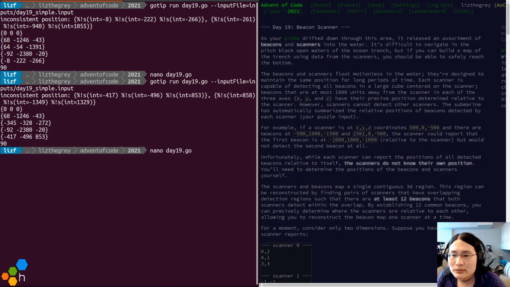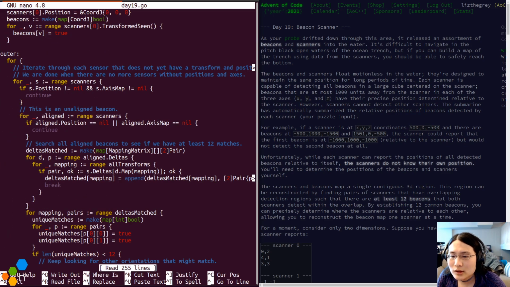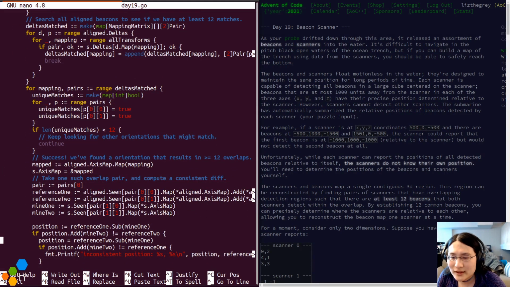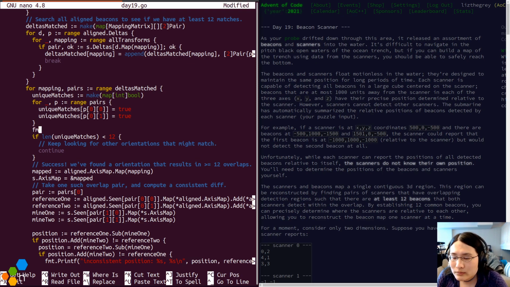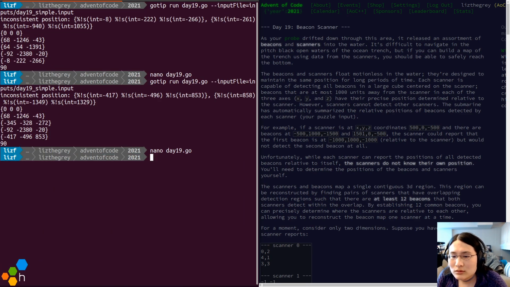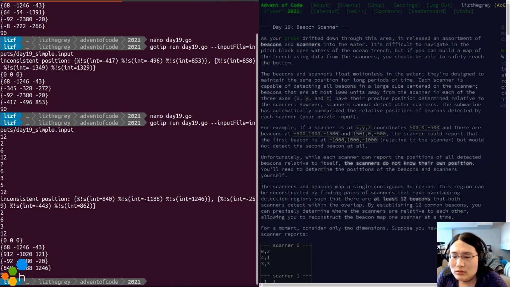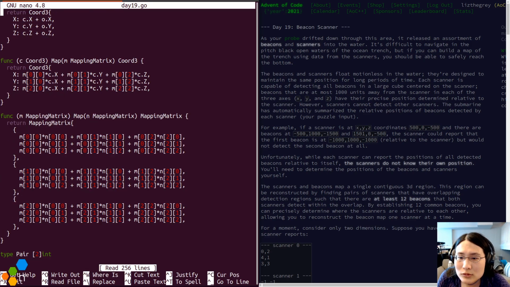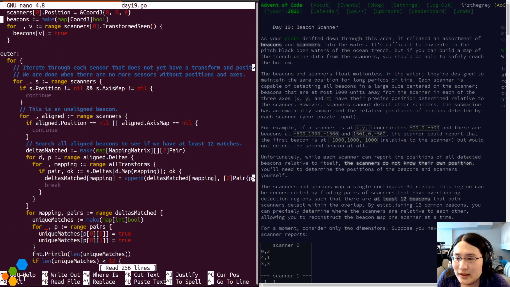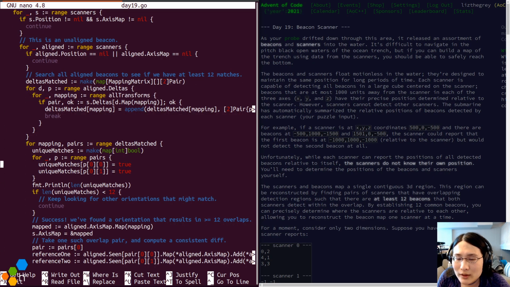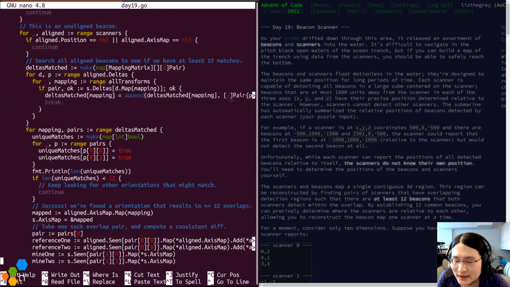Okay, so now I'm still getting inconsistent positions, but I think this is more likely to be true. Yeah, okay, so I've got 12, 12, 12, and 12 here. So that's good now. I'm pretty sure that I have my matches set up correctly, now that I've checked that condition.